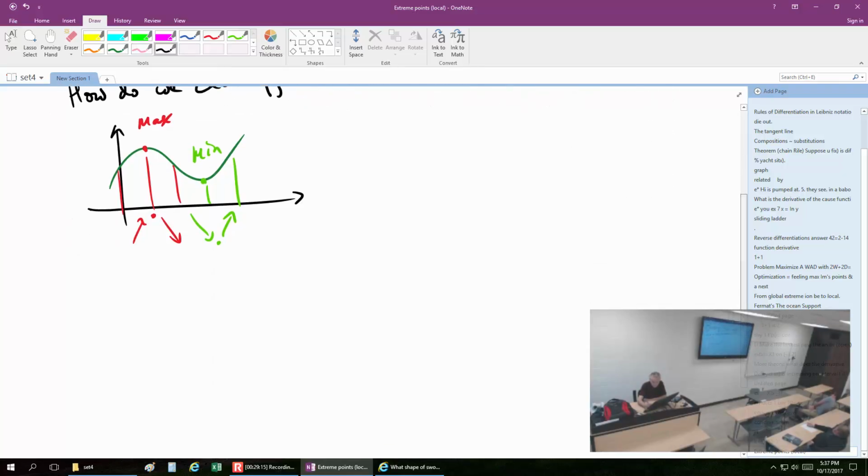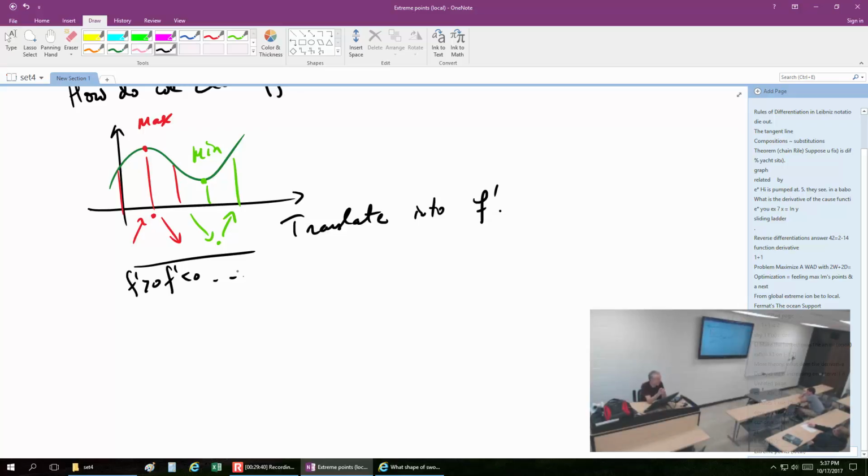How do we translate this into the language of f prime, of the derivative? It's not complicated. Increasing, first derivative is positive; decreasing, first derivative is negative, and so on. Okay, so all you have to do to distinguish between the maximum and minimum is to see what happens to the derivative.